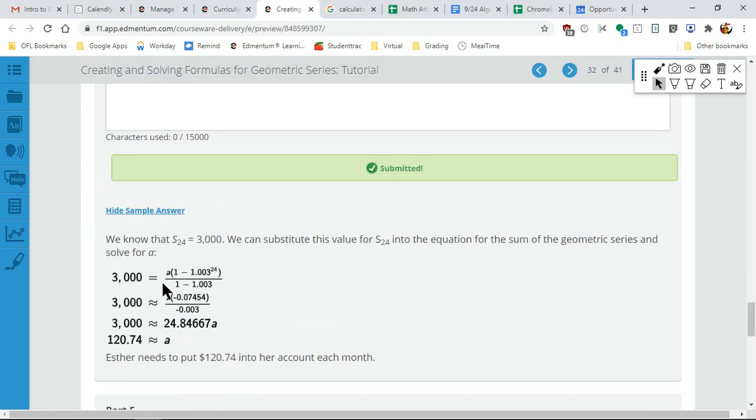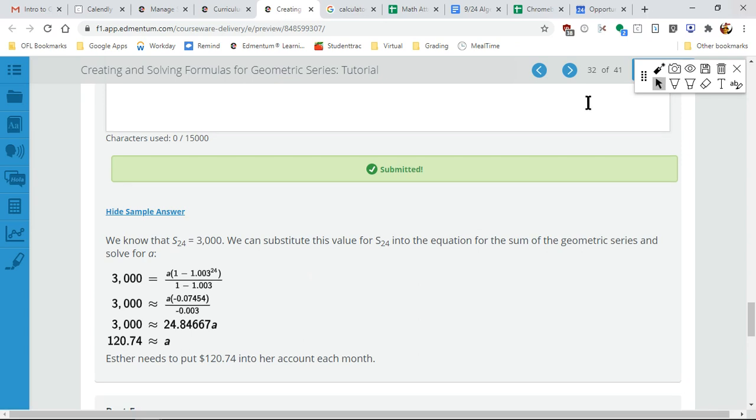So what they're saying is we have no idea what she should put in there every single month. We know that she wants to get $3,000. So we need to figure out how much money she needs to put every month. So this one makes more sense.